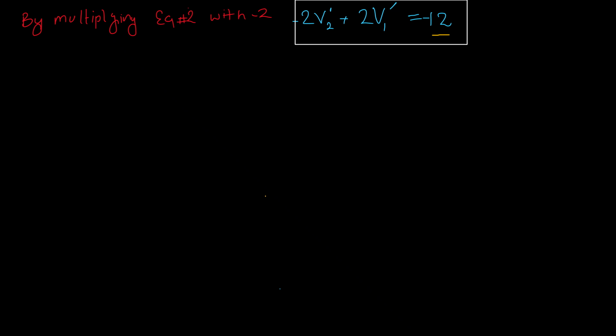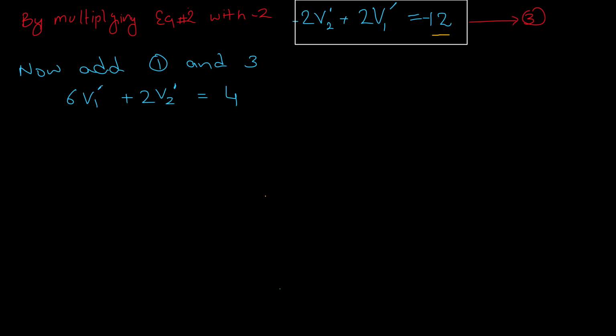Now by multiplying equation 2 with minus 2, we can get minus 2v2 prime plus 2v1 prime equals minus 12, and this is our equation 3. Now we can use equations 1 and 3 and add them.